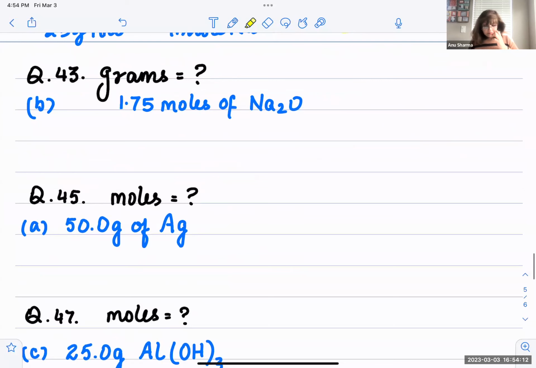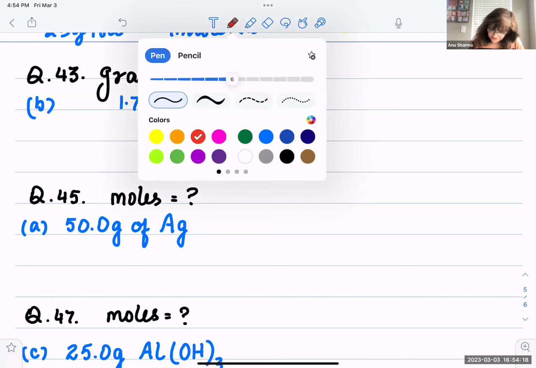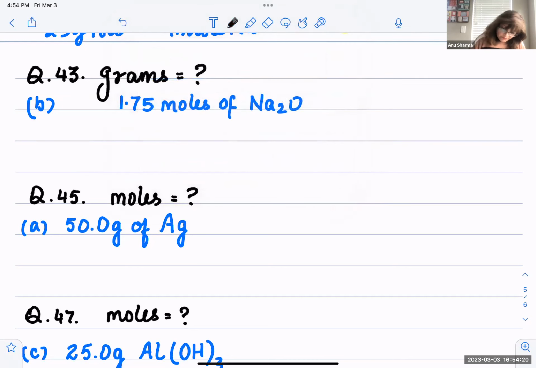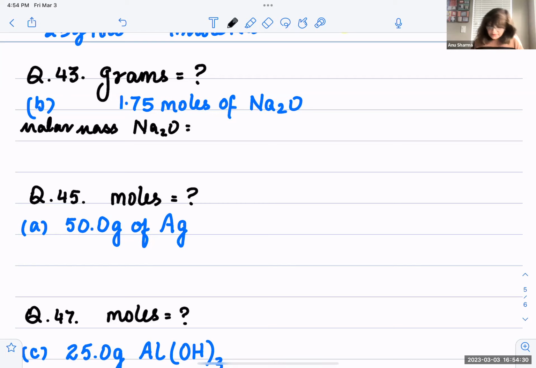All right, next question is the grams. Find the grams. You're given the moles of Na2O. So here you're going to take the Na2O, find the molar mass of Na2O. What does this mean? This means that there are 2 moles of sodium and there is 1 mole of oxygen in this.